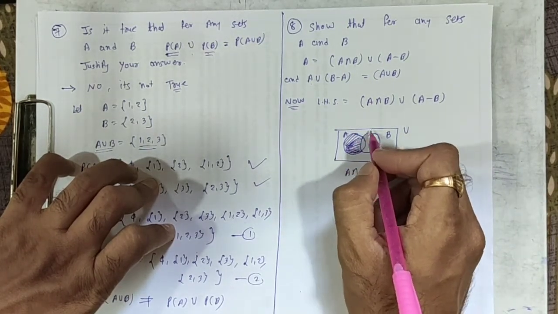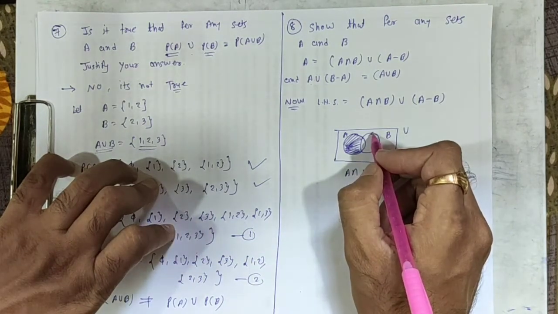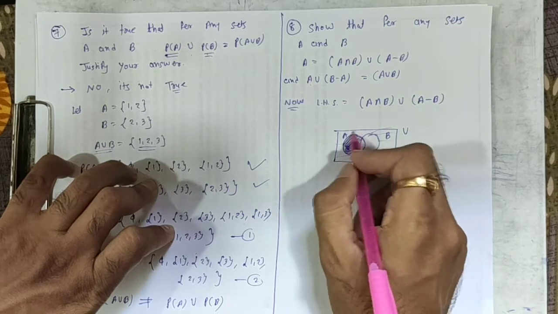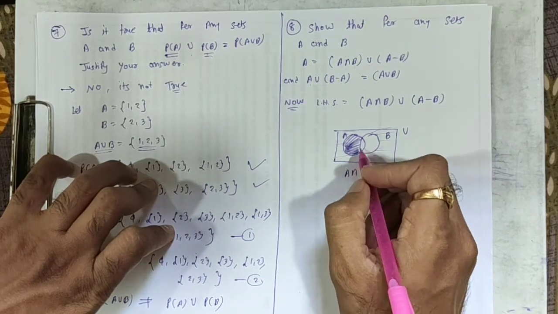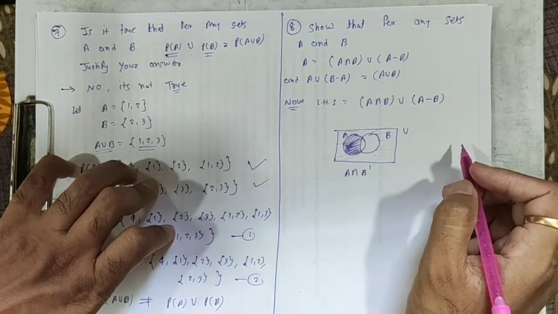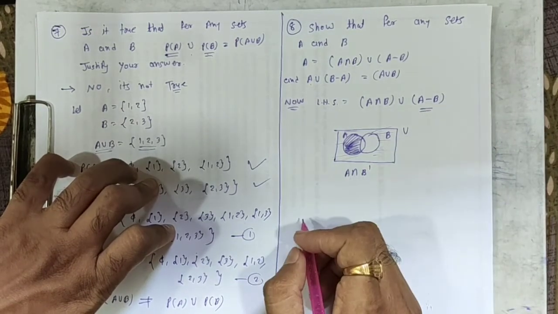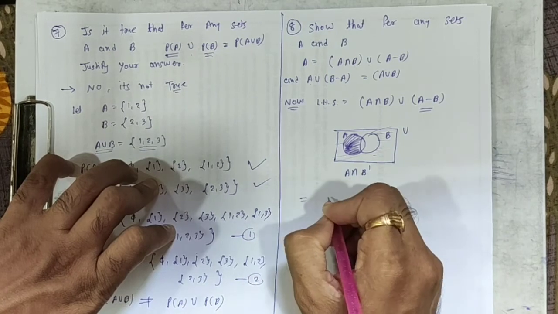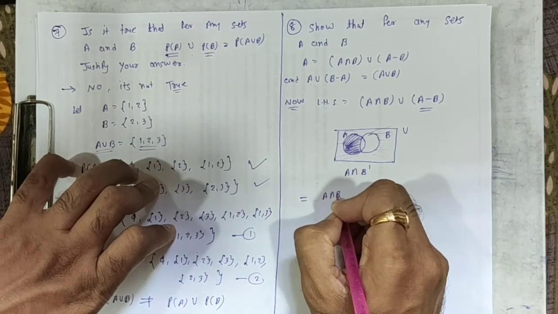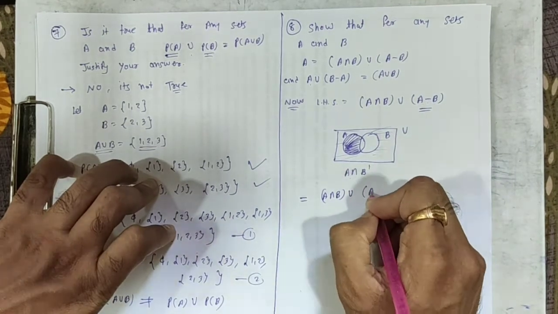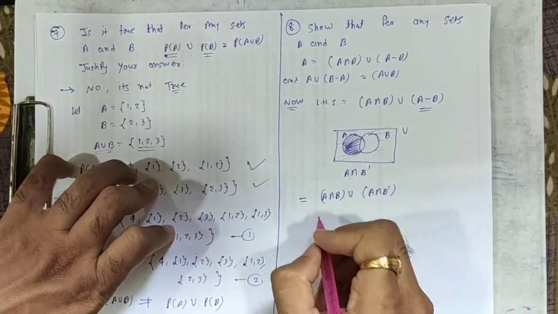So A and the common part of B dash. Consider the entire outside portion of B and consider A, so you get this A minus B. So we can write A minus B as A intersection B dash. So your next step is (A intersection B) union (A intersection B dash), writing A minus B as A intersection B dash.